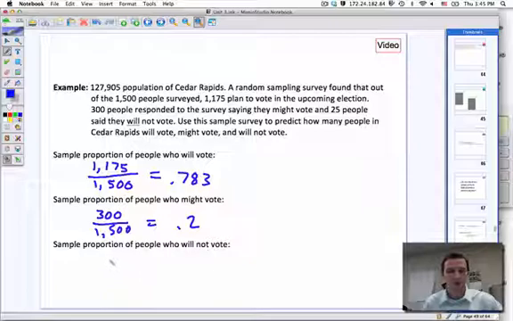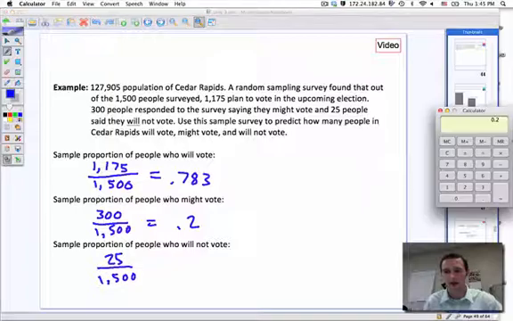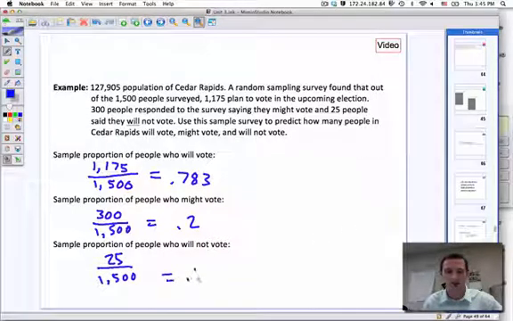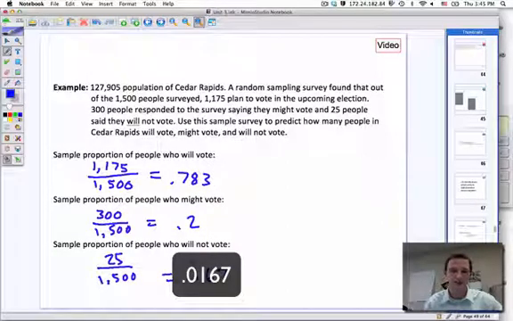Sample proportion of people who will not vote. Okay, there are 25 people who said they don't plan on voting at all. So 25 out of the 1,500 gives us a sample proportion of 0.0167. And if we add these all up, we should get 1.